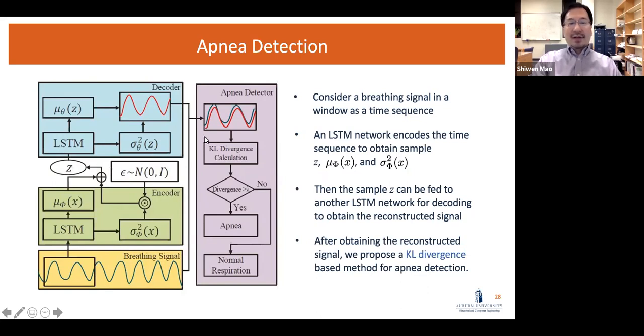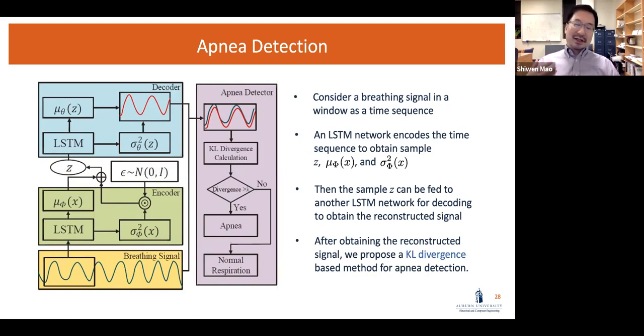Then we compare the reconstructed output signal and the input signal. The idea is that apnea data is very hard to obtain, but regular breathing signals are very easy to obtain. So we train this autoencoder model using regular breathing signals.